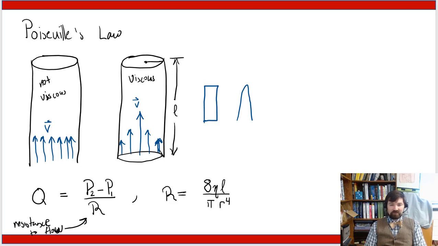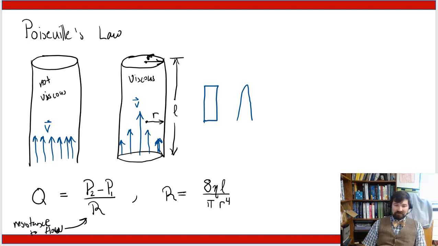The radius would be the radius of the opening. So this is little r, radius, etc. And then eta is the viscosity of your fluid. Note that I've used the symbol little l twice, and they have slightly different meanings in the two equations. But that is just how it is.